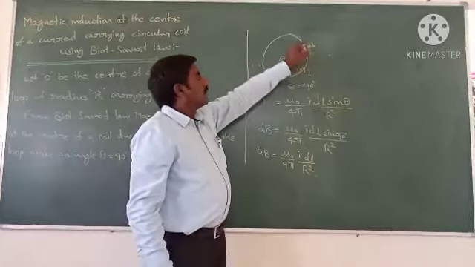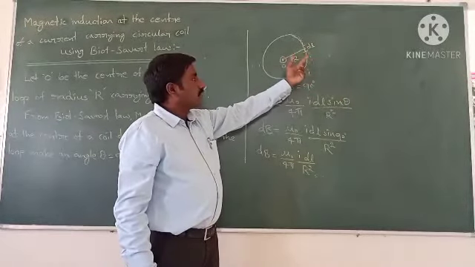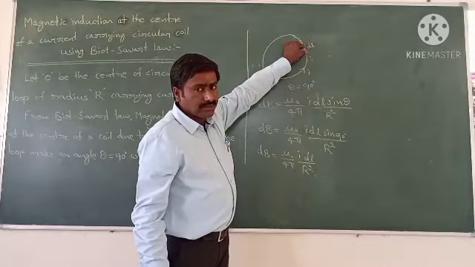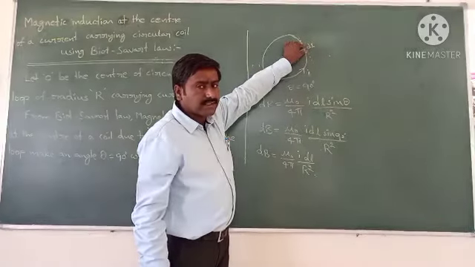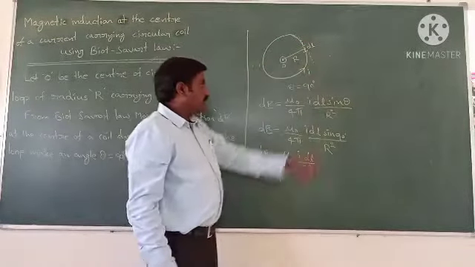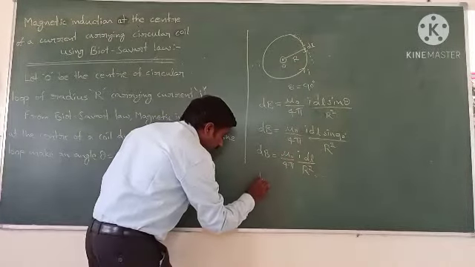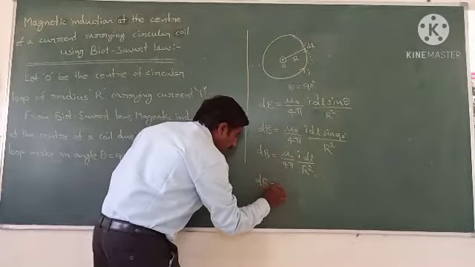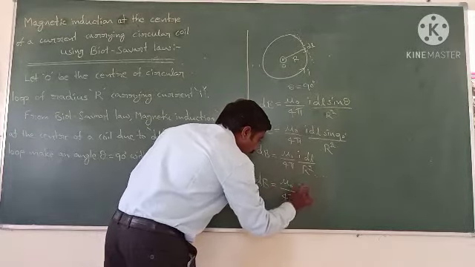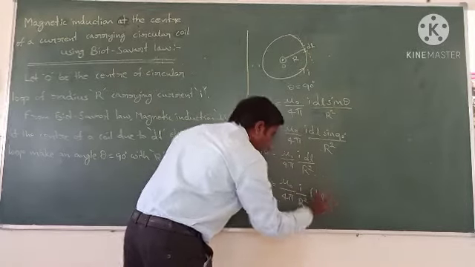Now just take the entire circle. So what you have to do? You have to take the integral of this dl element. When you take the integral of this dl element, then you can get the entire circle. So due to the entire circle, the produced magnetic field at the center equals mu naught by 4 pi, I by r square, integral dl.